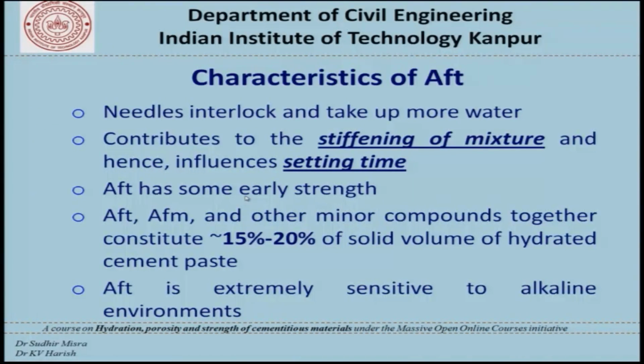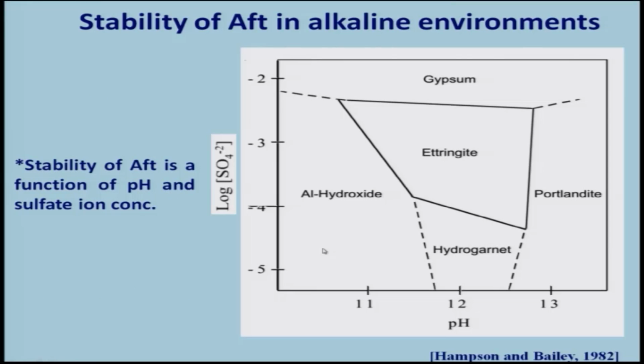AFT has some early strength, however, since the percentage of tricalcium aluminate is very low, this is not a very big factor in the strength development of Portland cement based paste systems. AFT, AFM and other minor compounds together constitute approximately 15 to 20% of the solid volume of hydrated cement paste, and AFT is extremely sensitive to alkaline environments.